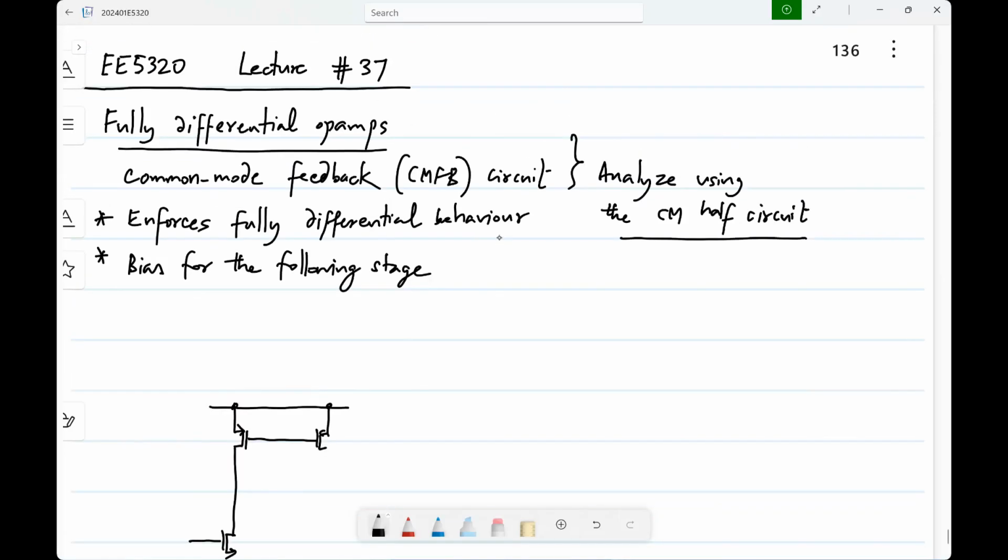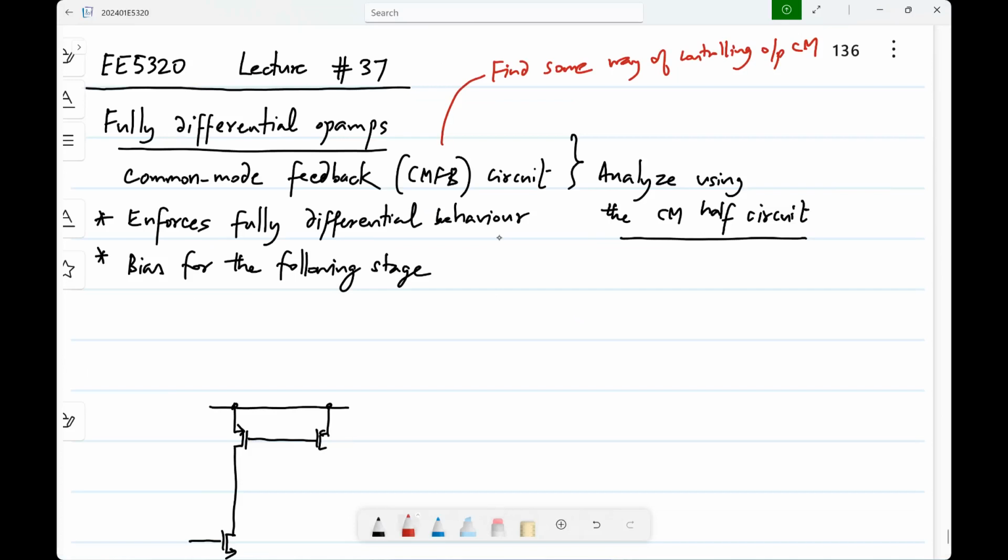Basically, the idea behind common mode feedback is, as usual, you have to find some way of controlling the output common mode. Typically there will be something, for instance, the gate voltage of this current source load that will control the output common mode of that load. But if not, you have to add some control. You may have to add some particular way of controlling it.